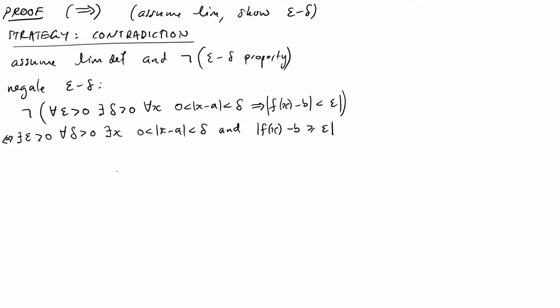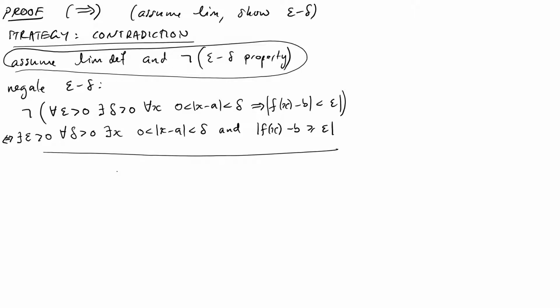Okay, so that is actually the negation of the epsilon-delta property that we're going to assume to be true. So our strategy is to assume that the sequence version is true and also that our negation is true. Okay, so here's how it's going to work. If we're assuming our negation here, we're going to highlight it just so we can make sense of this.